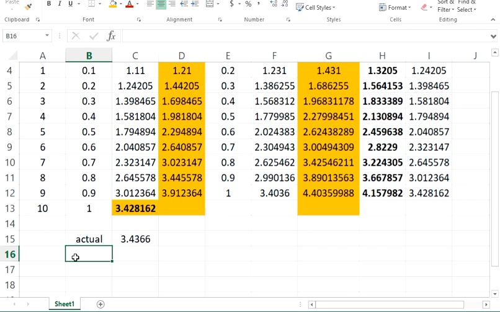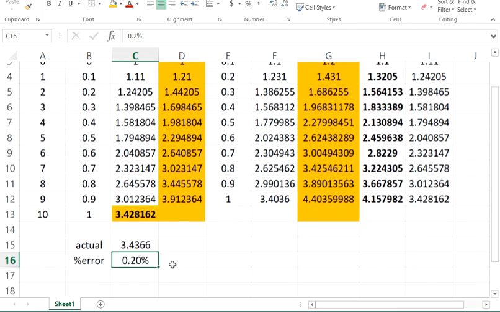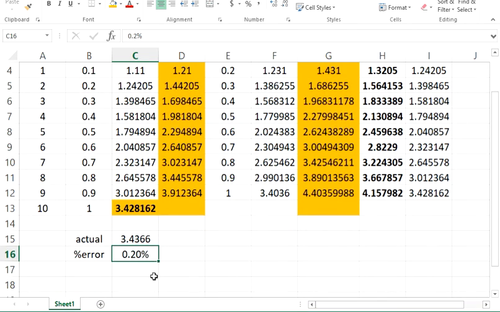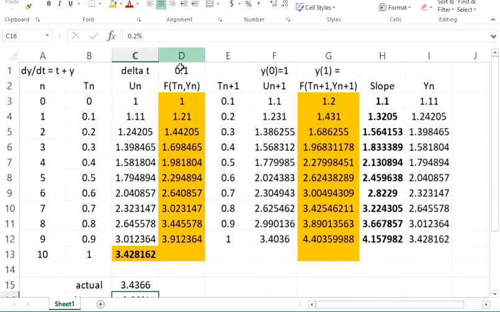So that was the actual. So the percent error is about 0.2%. So 0.2% error using improved Euler's method, a far improvement over the 7.25% error, just with a few more calculations, and the same delta t of 0.1.